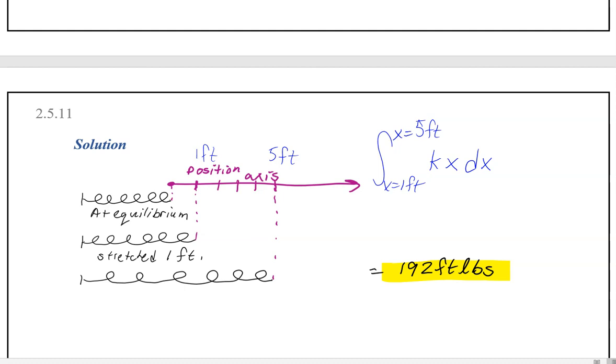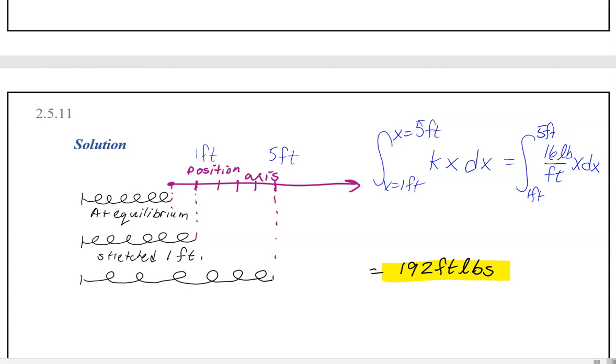On each small partition, we assume that the force is roughly constant, which is how we use kx. This, of course, then gives us the integral from 1 foot to 5 feet of our 16 pounds per foot, which is our k, times x dx.